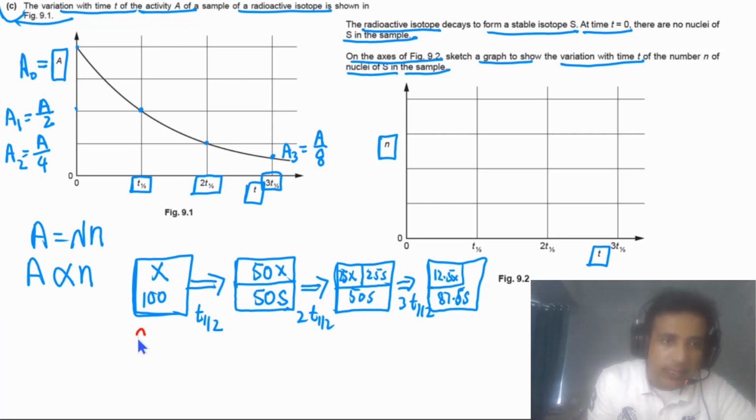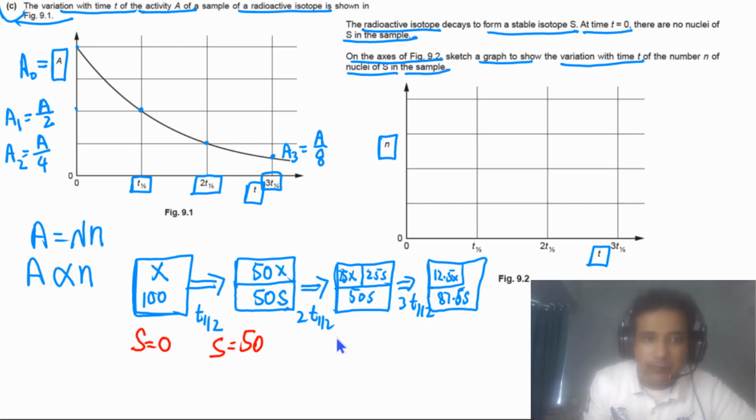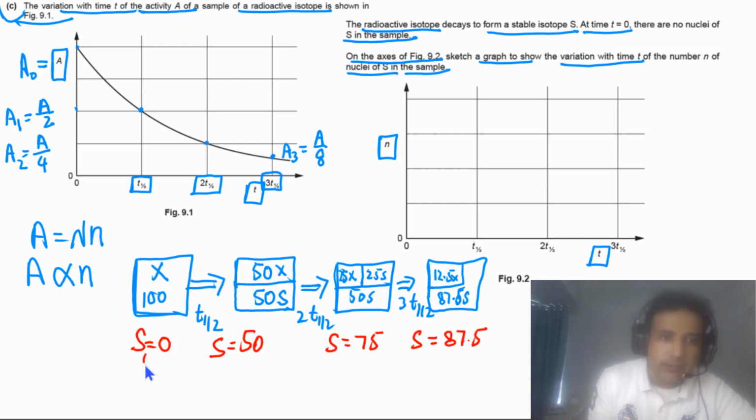Initially we have 0 nuclei of S, after one half-life we have 50, after two half-lives we have 75, and after three half-lives we have 87.5.